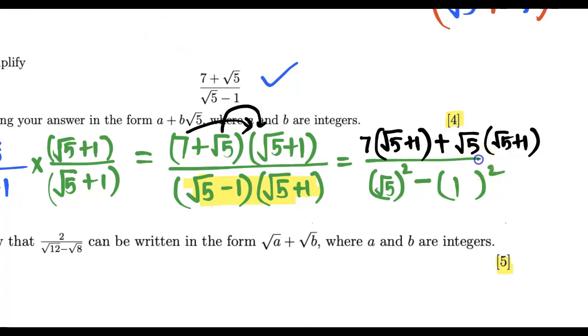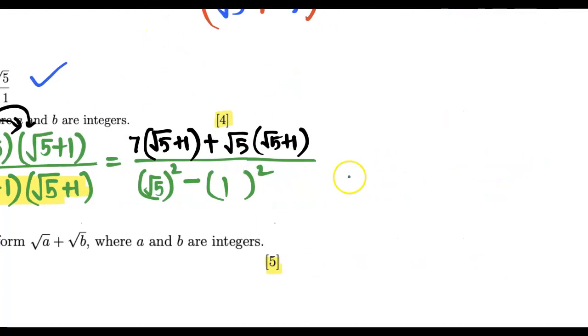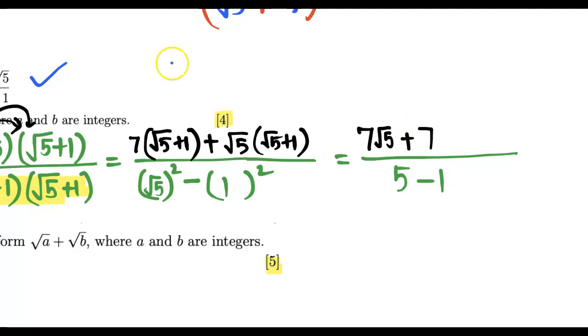Now let's understand a bit more. The bottom is going to be 5, because if you square root 5, you get 5 only. 5 take away 1. And the top, let's multiply it quickly. 7 times root 5 will give us 7 root 5, plus 7. What exactly is happening?